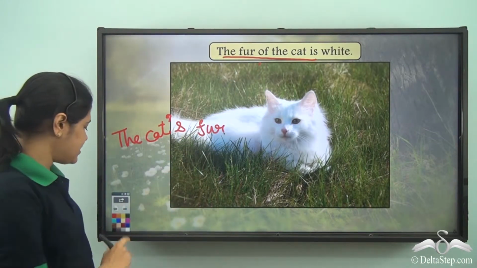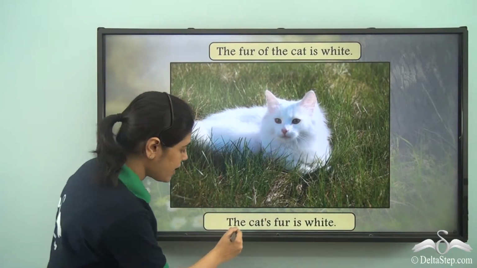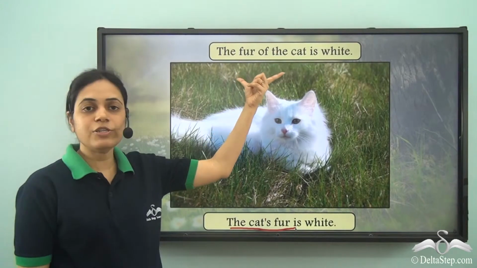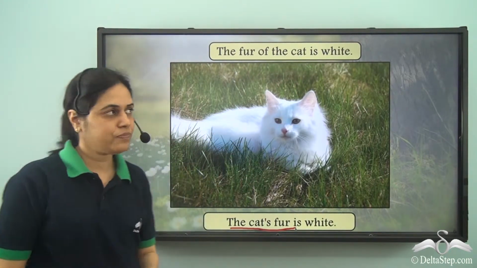So this sentence can be written as the cat's fur is white. Using an apostrophe, we have been able to make it shorter. The cat's fur is white.